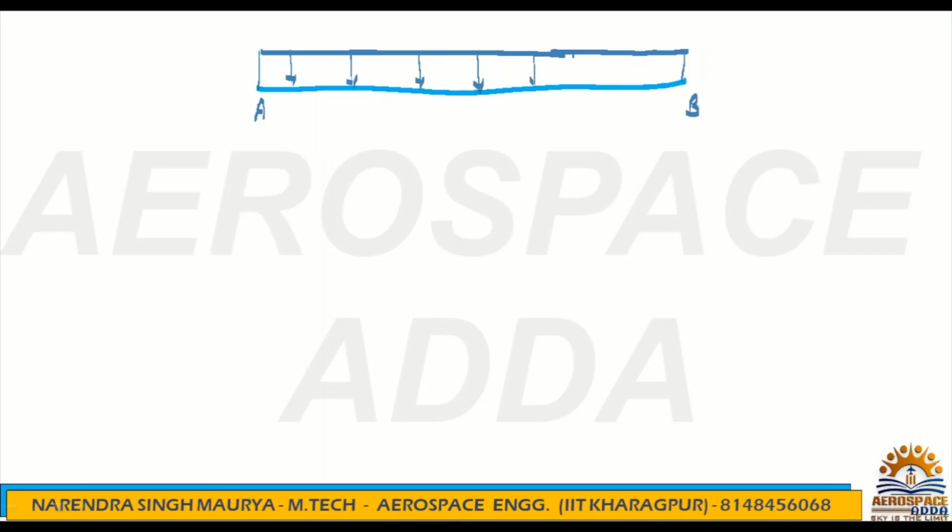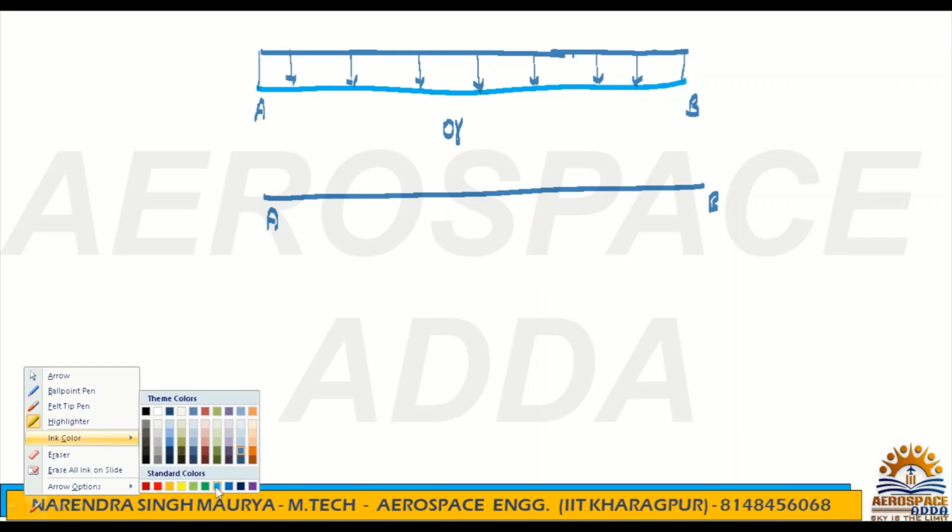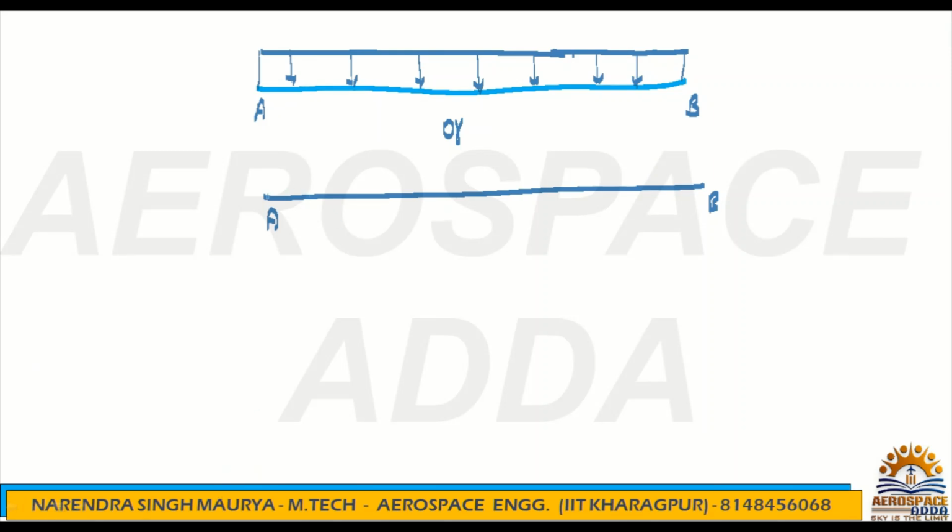Here it is downward. In a few problems you may get it represented in another way. This is the beam from A to B, and in a few books you will get this UDL something like this. This is also called UDL, the same thing. Both ways you can represent this UDL.